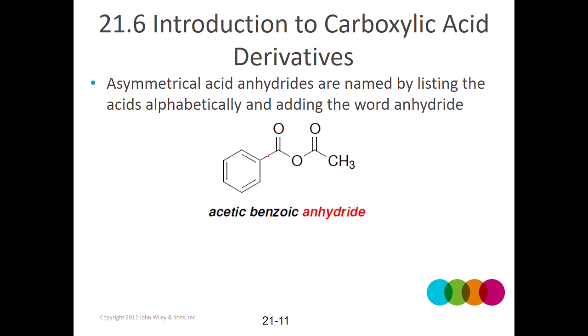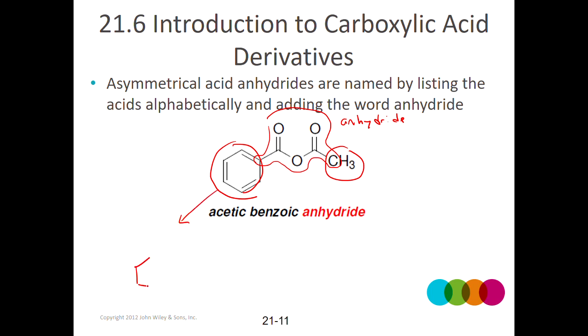If you have an asymmetrical anhydride where the R group on one side of the anhydride, which is this part of the structure, if the R group over here, which is an aromatic ring, is obviously different from the methyl group, any two R groups that are different is going to affect the naming. So you would have to recognize that one part of the anhydride over here comes from benzoic acid, just taking away the hydrogen, and the other side comes from acetic acid.